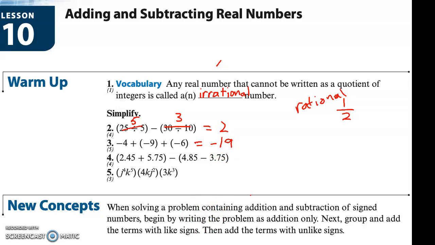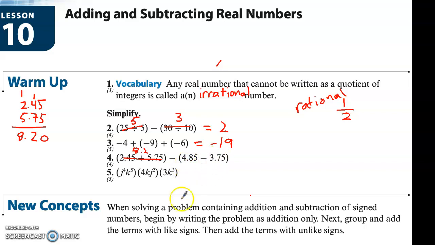Number 4, I have 2.45 plus 5.75 in parentheses right here, and I have 4.85 minus 3.75 in parentheses. So I do those parentheses first. So 2.45 plus 5.75 is 8.2 for that first number right here.